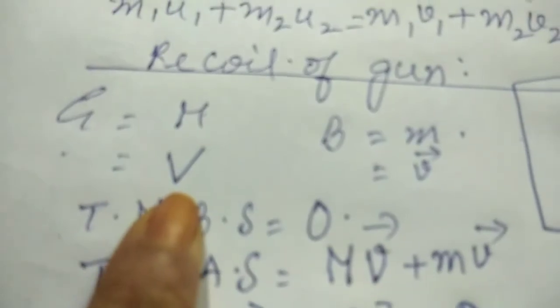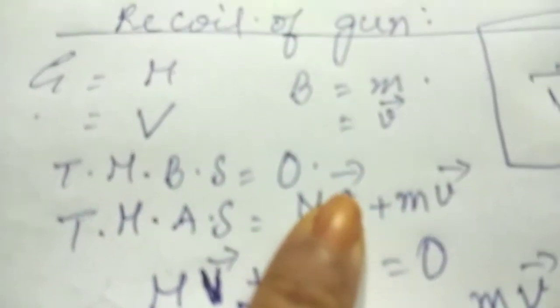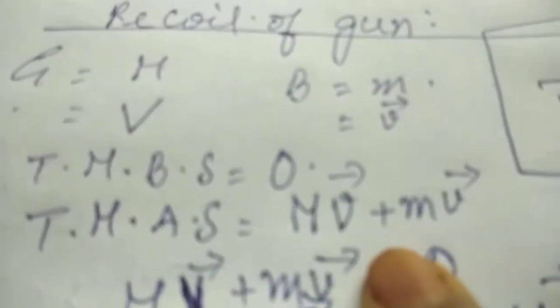Then final momentum for the gun is MV, for the bullet small m, small v. Now total momentum after shooting is MV plus small mv, momentum of the gun plus momentum of the bullet, which according to conservation of momentum, MV plus mv is equal to 0.